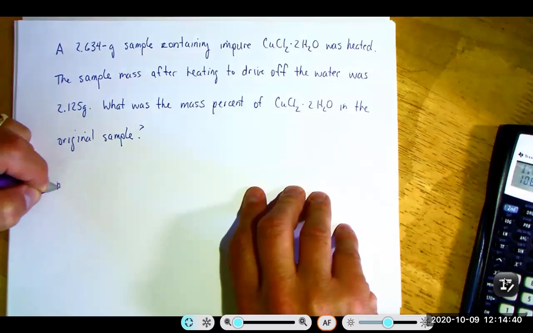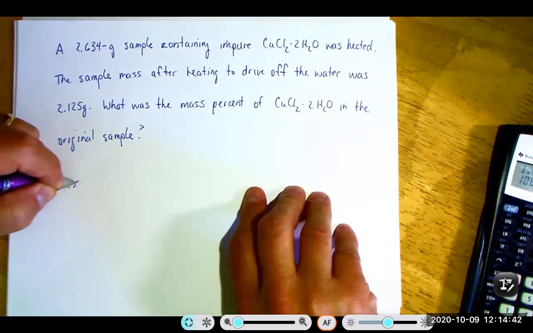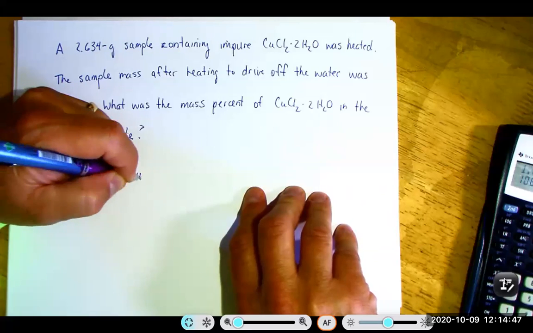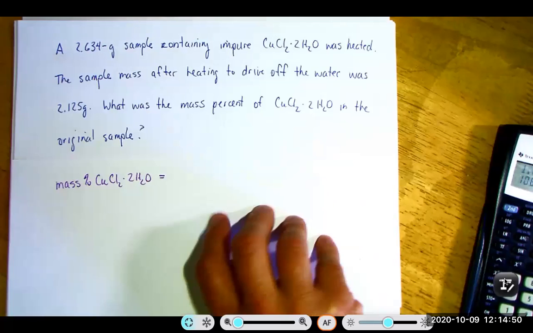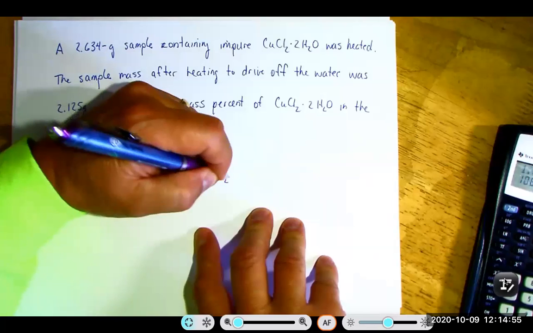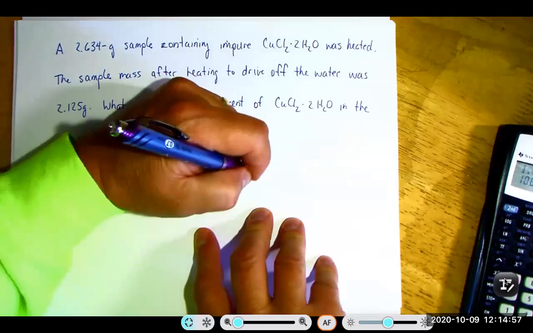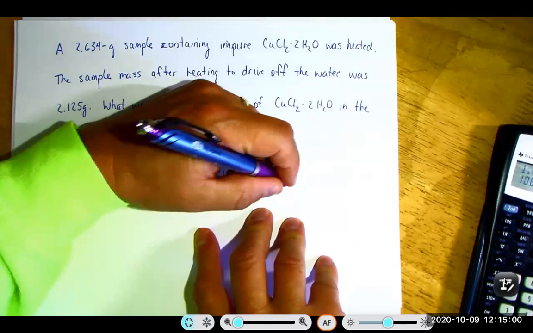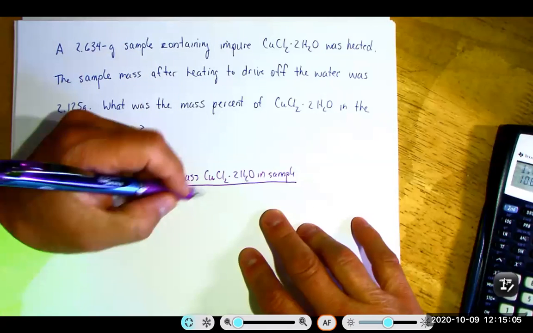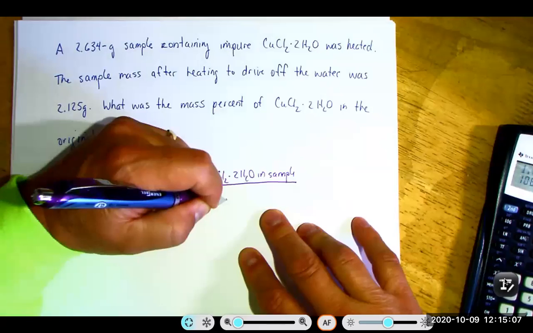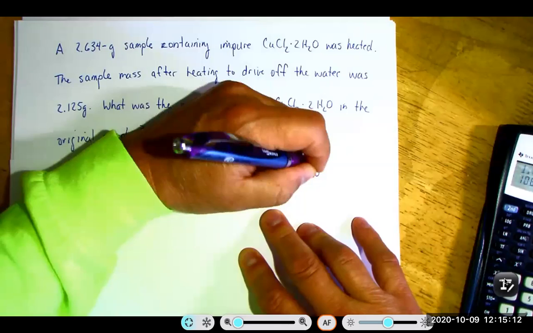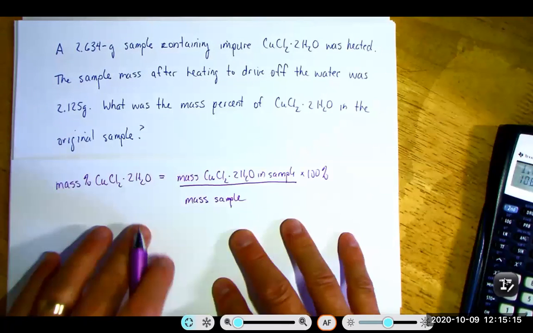The mass percent of copper 2 chloride dihydrate is going to equal the mass of copper 2 chloride dihydrate in the sample, divided by the mass of the sample, times 100%. And this follows the formula of part over whole times 100%.